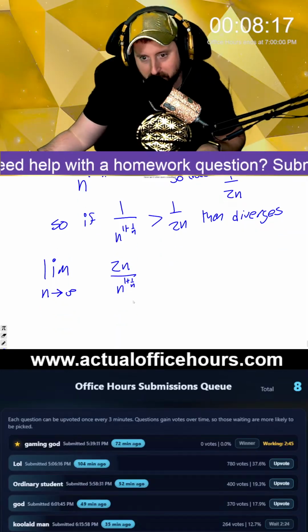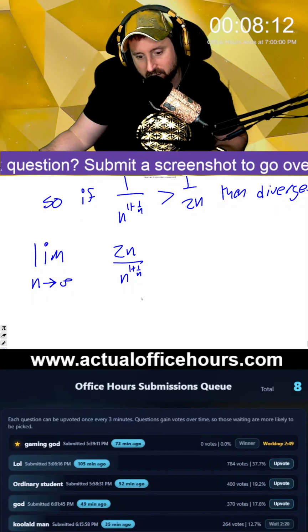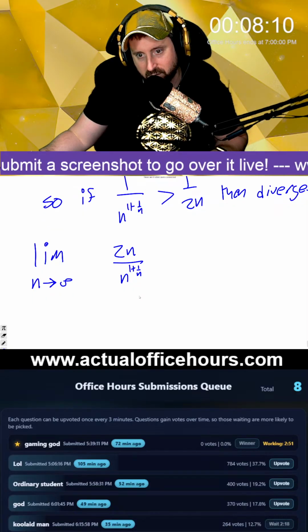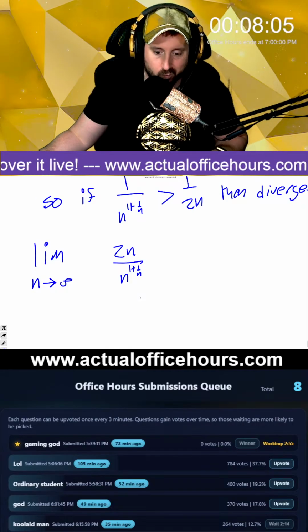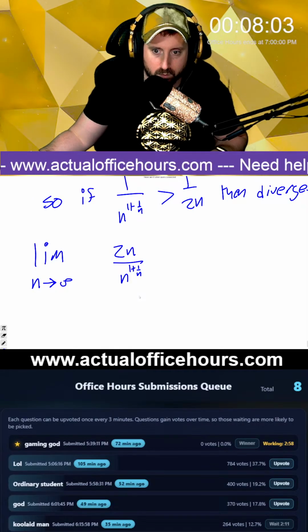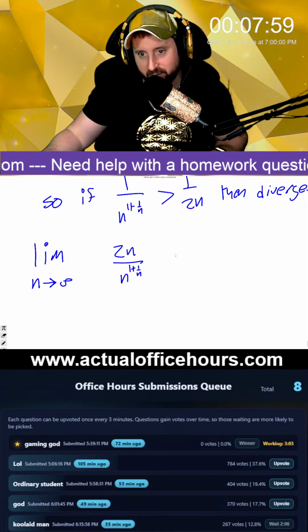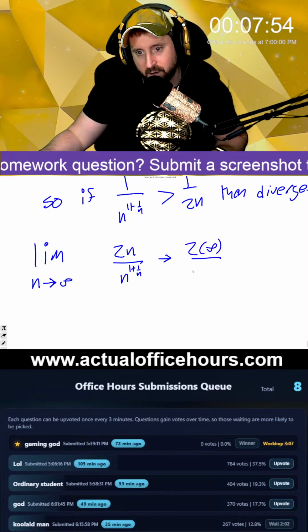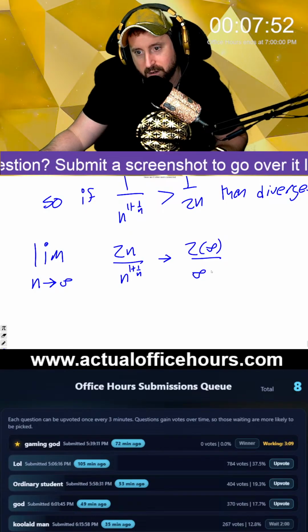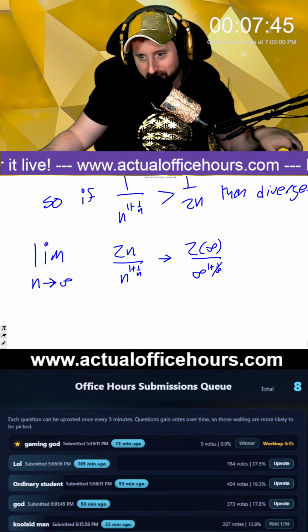Is there a way to represent this maybe as a series? Because I get it, right? As this goes to infinity, this is like 2 times infinity over infinity to the 1 plus 1 over infinity, and this is 0.